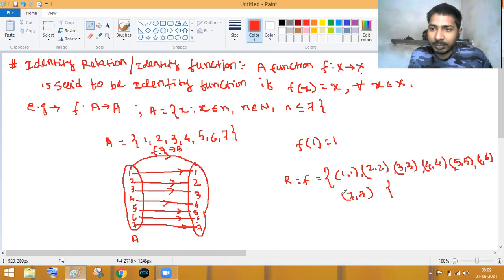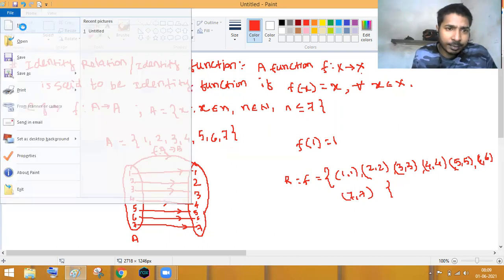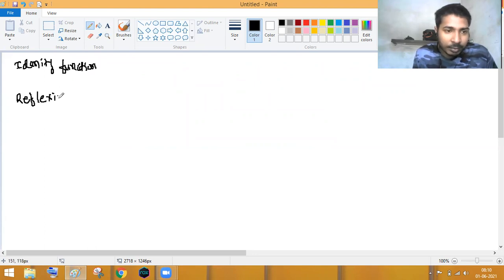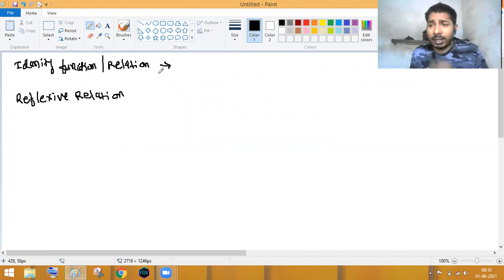Yes or no? Yes. Okay. What is basically an identity function, and what is basically a reflexive relation? What is the basic difference you can say that we have in this?